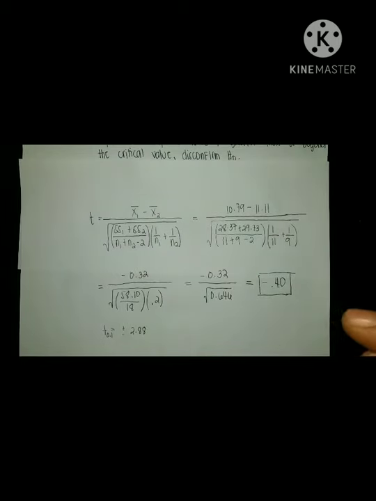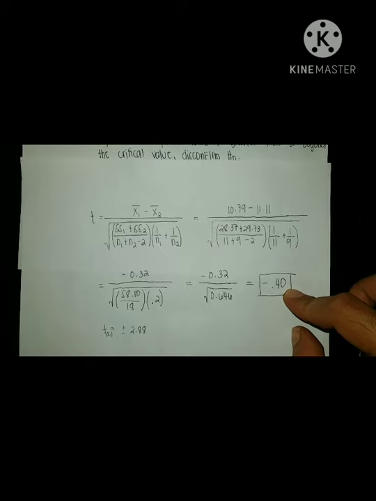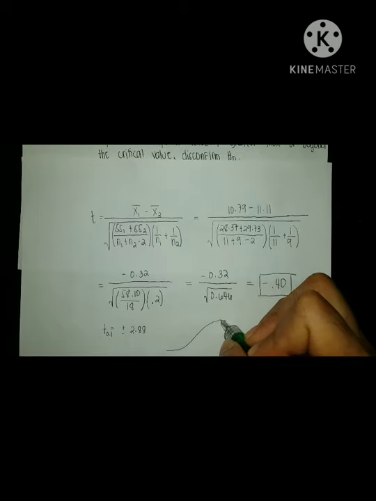And our t tabular value is equal to positive and negative 2.88. In order for us to visualize if our computed value goes beyond or within the critical value, let us illustrate it using our curve. So that is a two-tailed test.